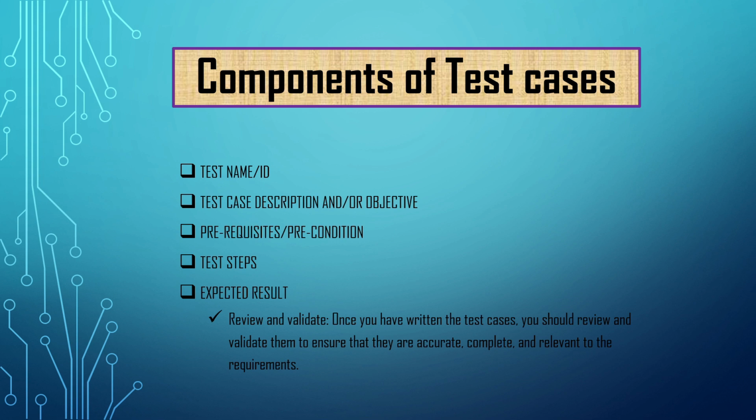Then your actual test steps and expected result, meaning what is the step description and how you are performing it, and what must be the output as per your user requirement. So when you create all the test cases, you should review and validate, because that will ensure that your coverage is accurate, complete, and relevant to the requirement.